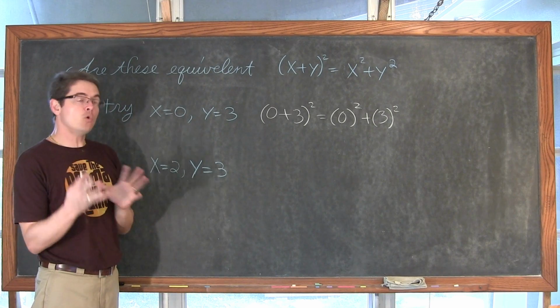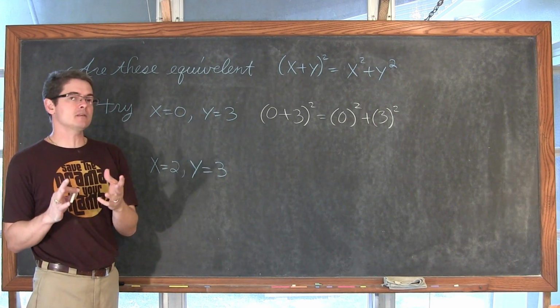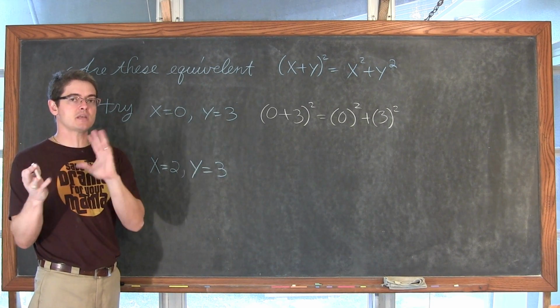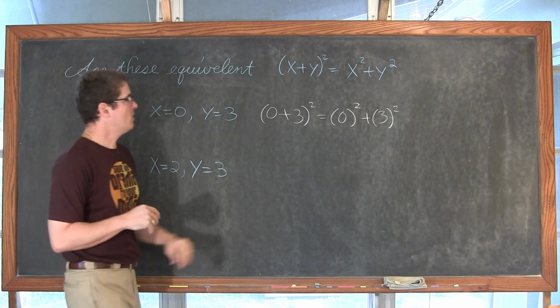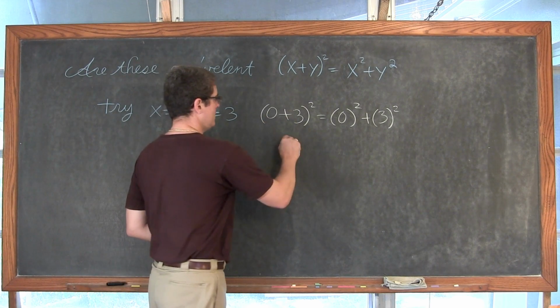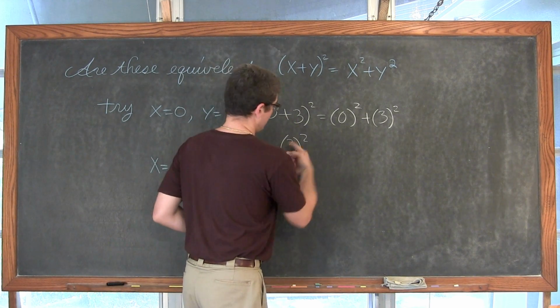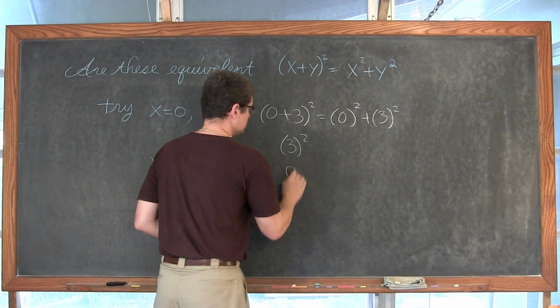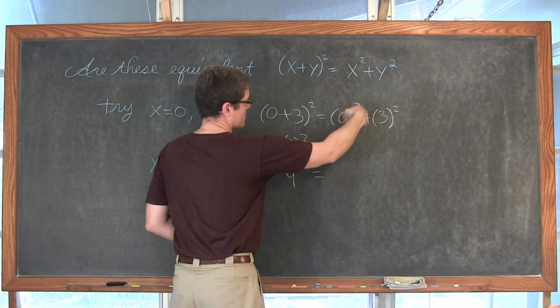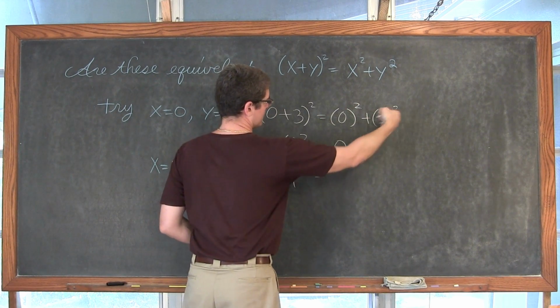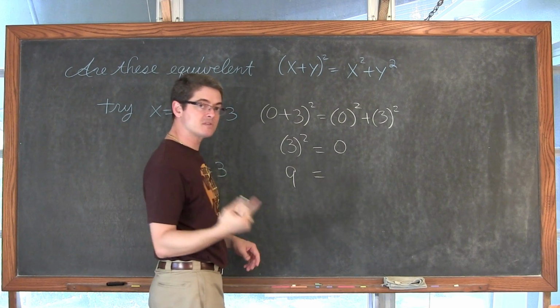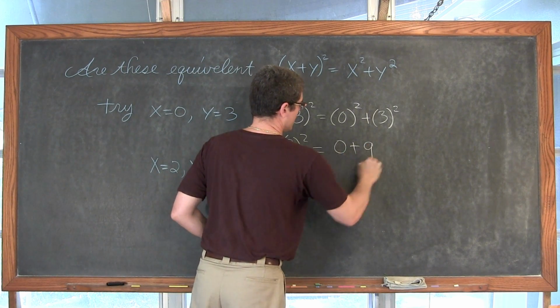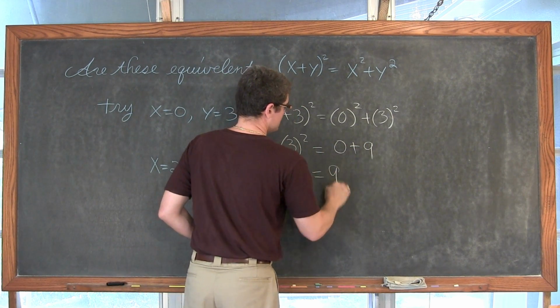And if they're equivalent, they're both supposed to be the same numerical value. They're supposed to be the same or equal on both sides. Well, 0 plus 3 is 3, and 3 squared is 9. All right. 0 squared is 0, and 3 squared, again, is 3 times 3, which is equal to 9, and 0 plus 9 is equal to 9.